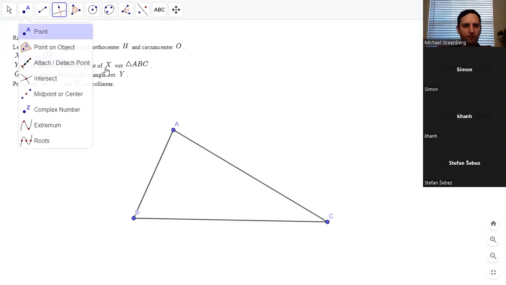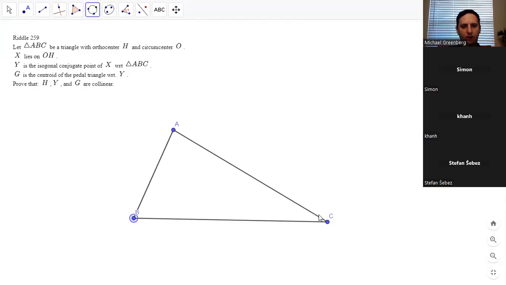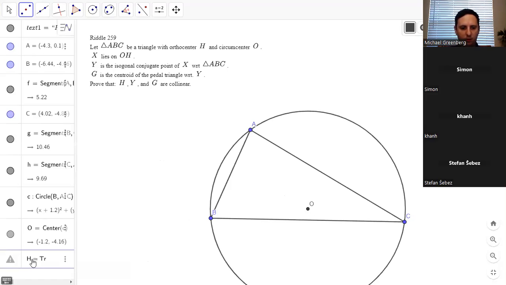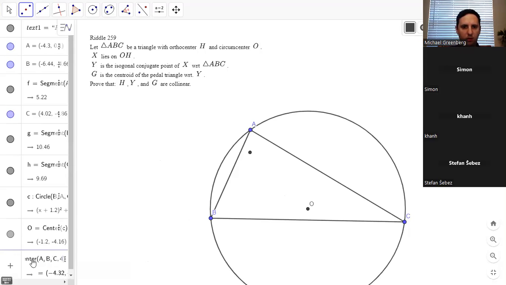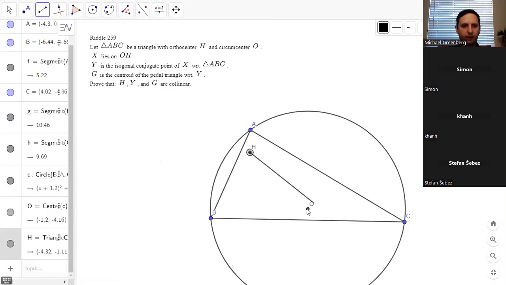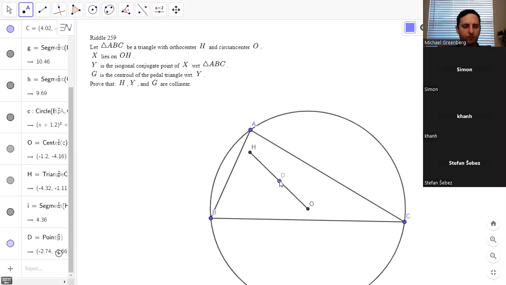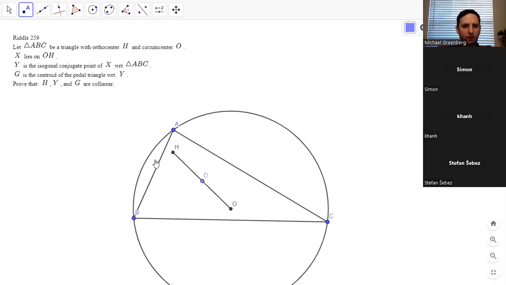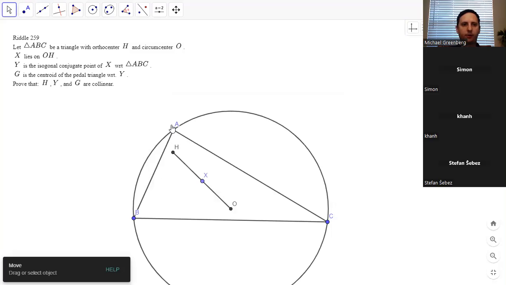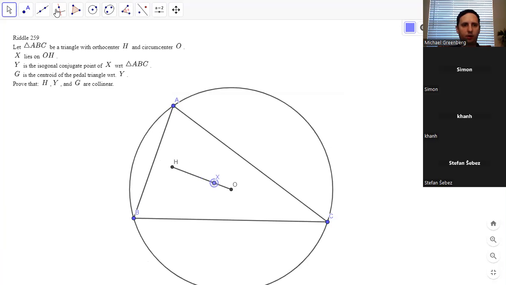So let's draw the center. All right, and X lies on OH, and then we draw the isogonal conjugate of X. So this is X. We're going to end up drawing the pedal circle of Y, which is the same as the pedal circle of X, so we might as well just draw it right now.